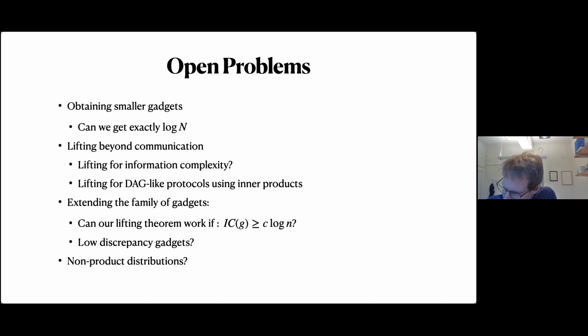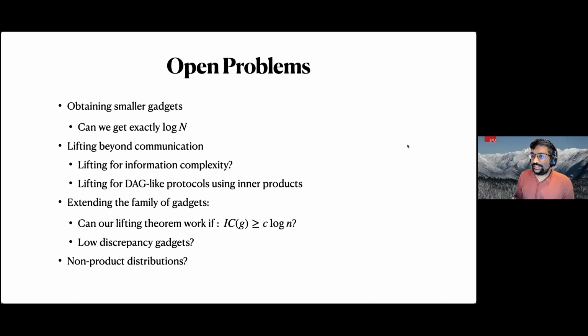Another thing that you stressed in the beginning is that our gadgets always lift single bits. Could there conceivably be a way of working on the trade-offs, where you have some gadget, say an error correcting code, that lifts to multi-bit outputs, and that this would somehow be helpful? Oh yeah, this is definitely helpful, especially in proof complexity.